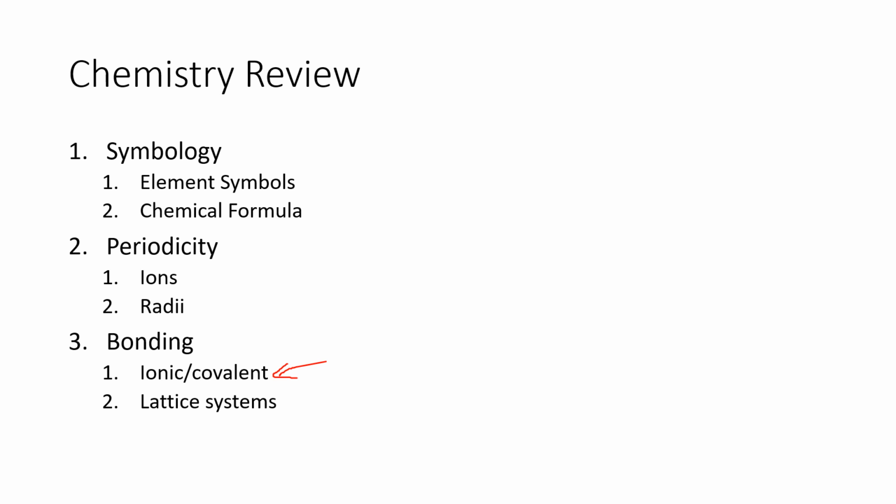The covalent version is where you have sharing of electrons between adjacent atoms. This would be an example of like the bonds in diamond, where the carbons are linked up one to the next.